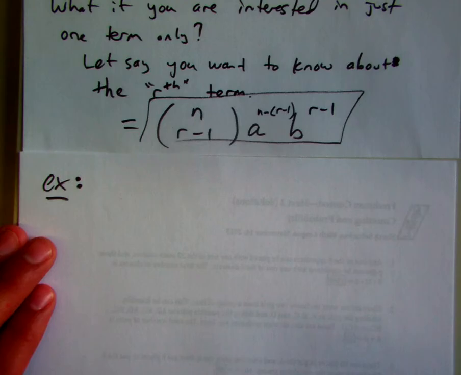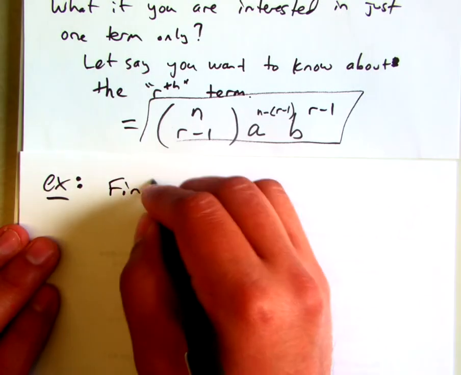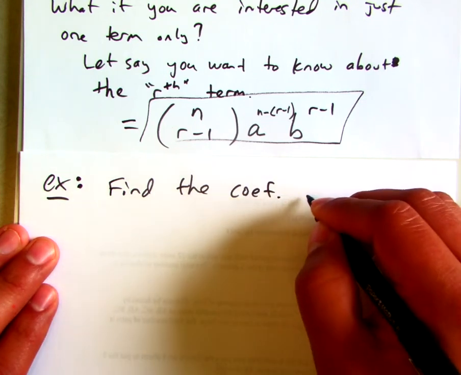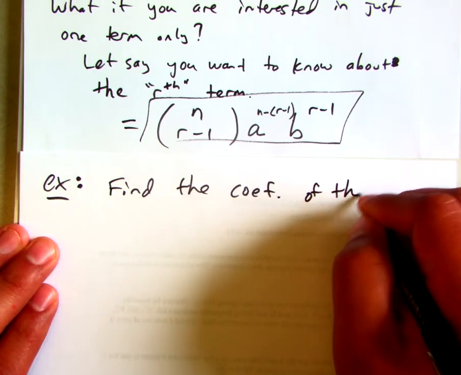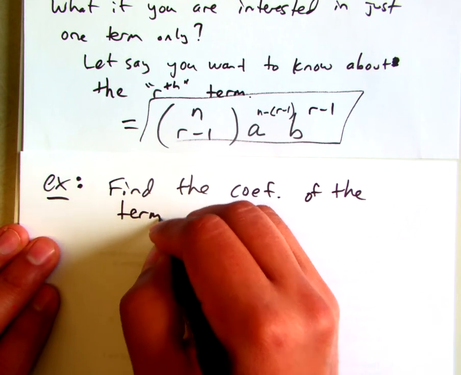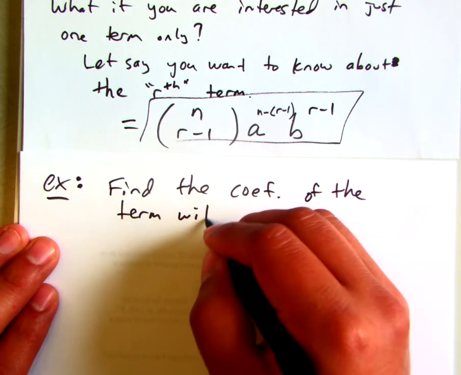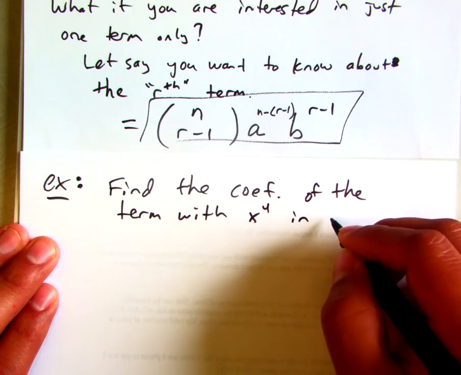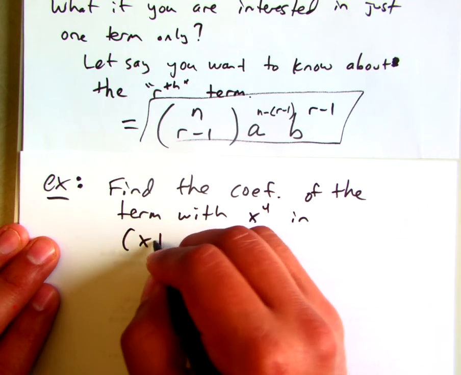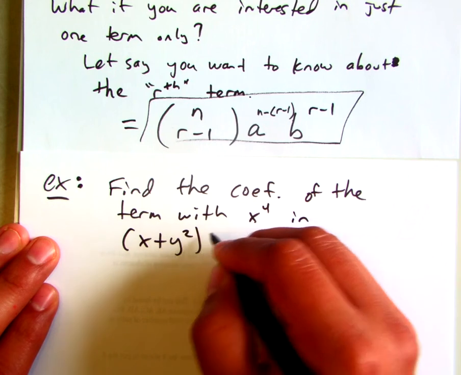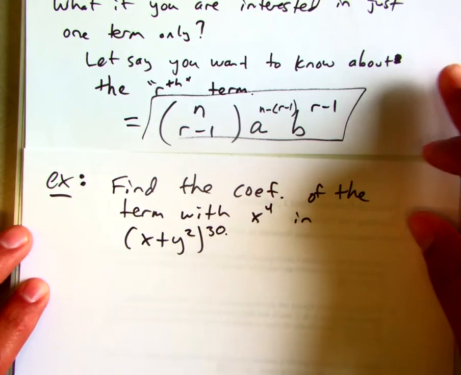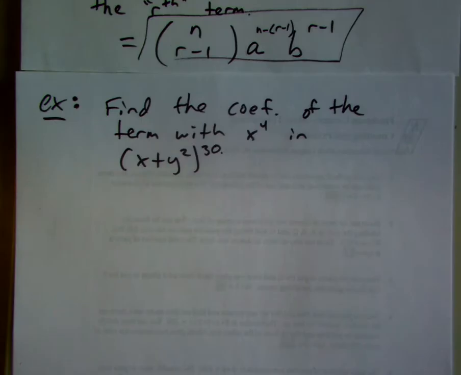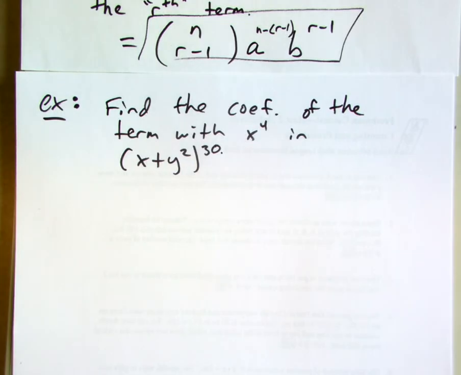Let's say I want to find the coefficient of the term with x to the 4 in (x plus y squared) to the 30th power. And Aldeb, I think this is going to explain my point that I made to you earlier.